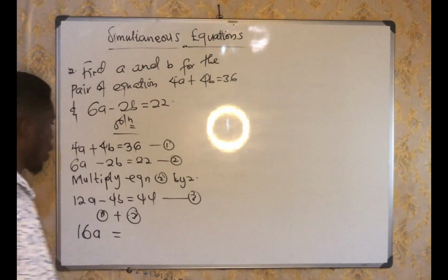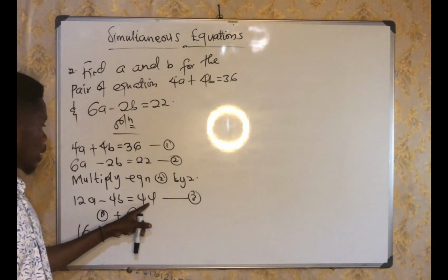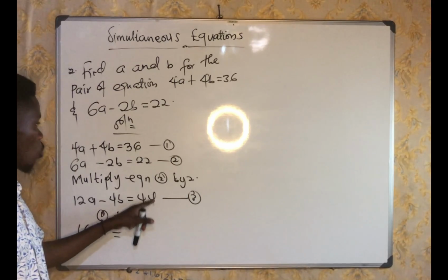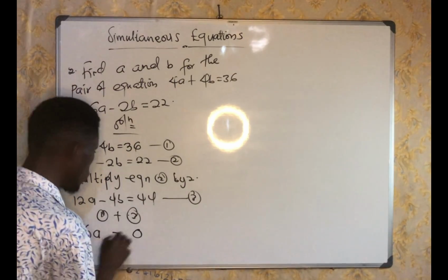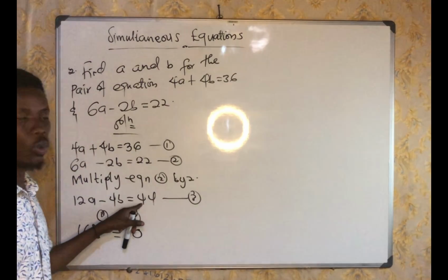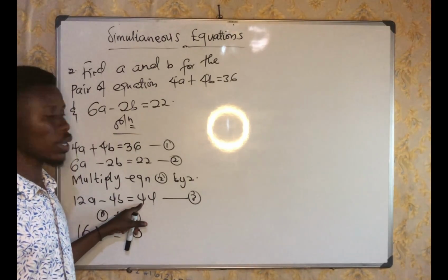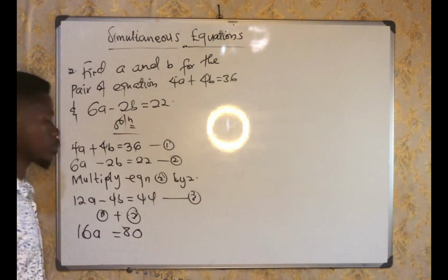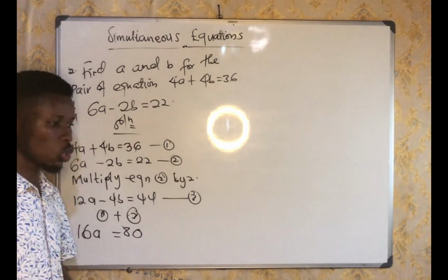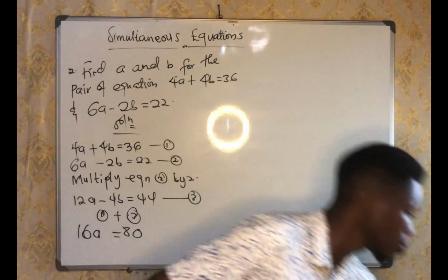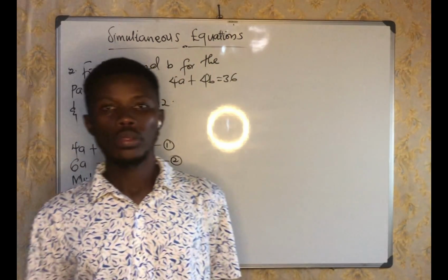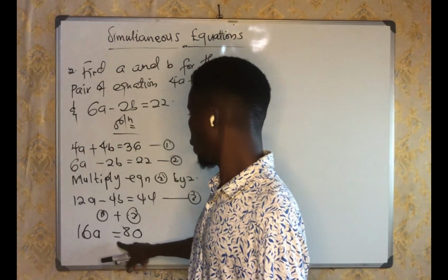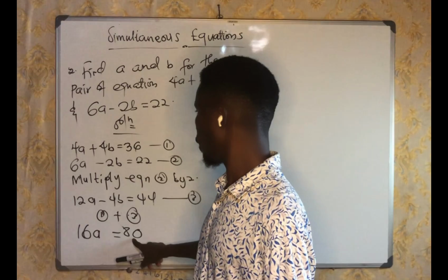This is 36, this is 44. If I add these two, what am I going to get? 6 plus 4 is 10, so 0, remainder 1. 3 plus 4 is what? 7. Plus the remainder 1, that is 8, so 80. Is that okay? Good. So I have 16a equals 80.